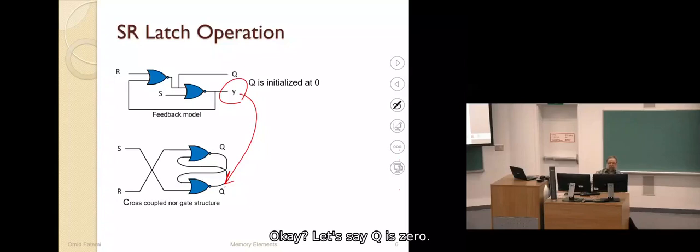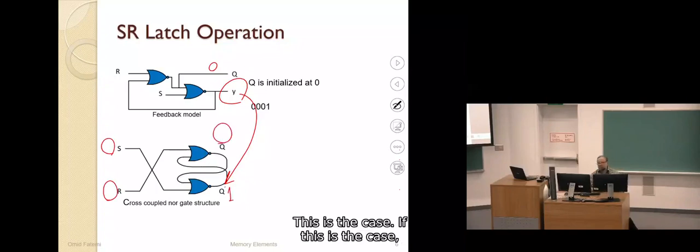Okay. So let's say Q is 0 now. And then we have S as 0, R as 0, and Q prime is 1, and Q is 0. So this is the case. If this is the case, you could see that this is 0.